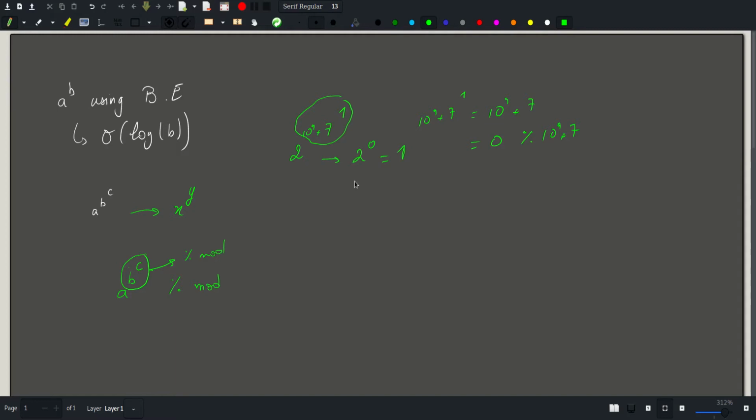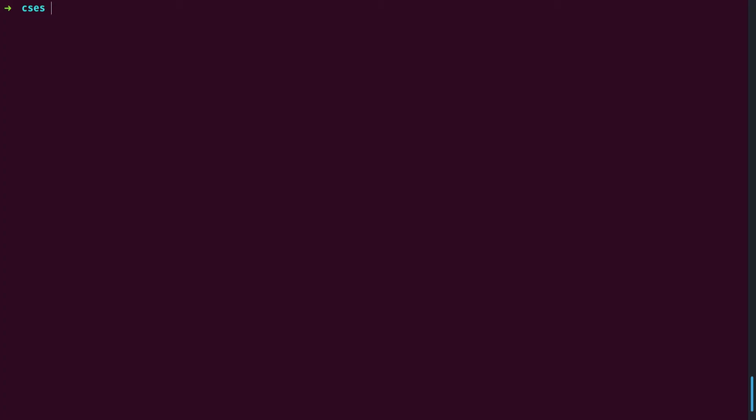And we can use the program from our previous problem to check this. Here, if I check 2 raised to the 2nd power, for example, it would give me 4. And then 2 raised to a billion and 7 will give me 2. And as I said, a billion and 7 raised to the first power will give me 0.